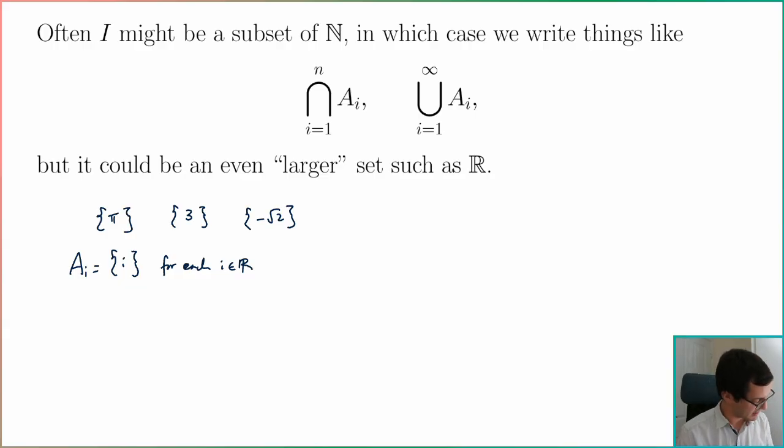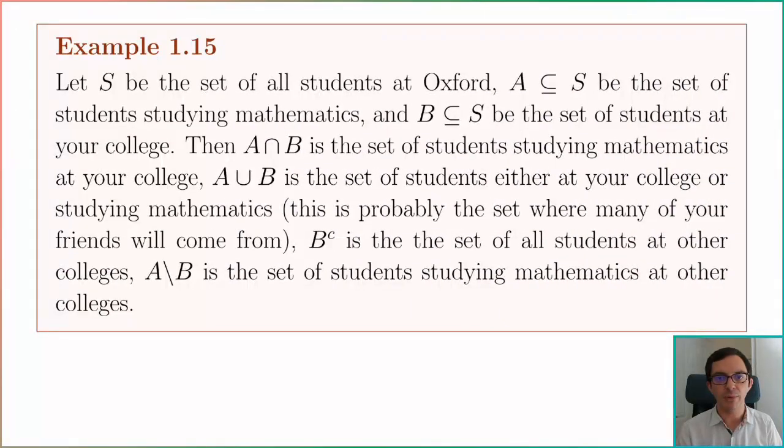Okay, that's intersections and unions. Where am I going with this? I want to show you an example with some students at Oxford, since that's where we are. Big universe of objects today is the set of all students at Oxford, including you.